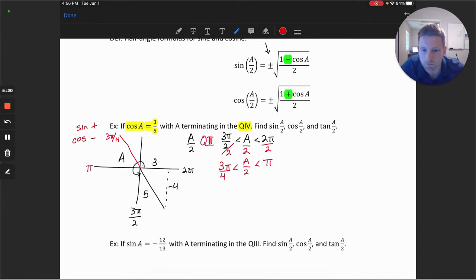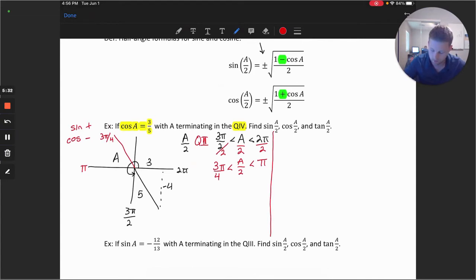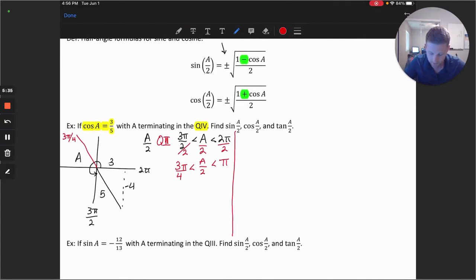So that'll be helpful for us when we choose the plus and the minus on the outside. Let's go to work on these next problems, knowing that fact.